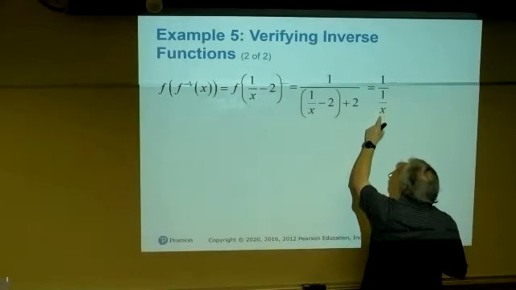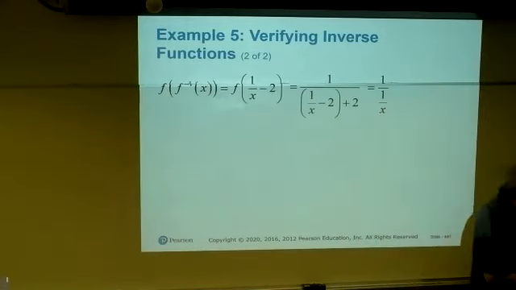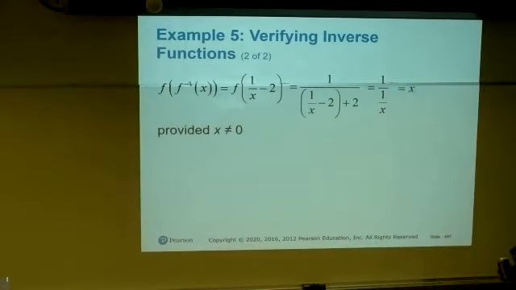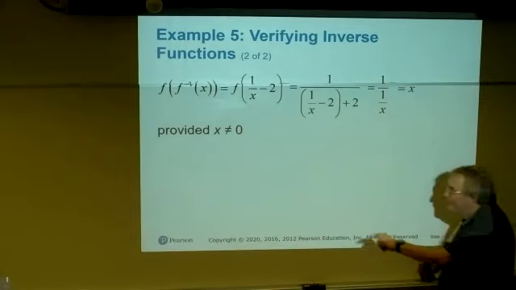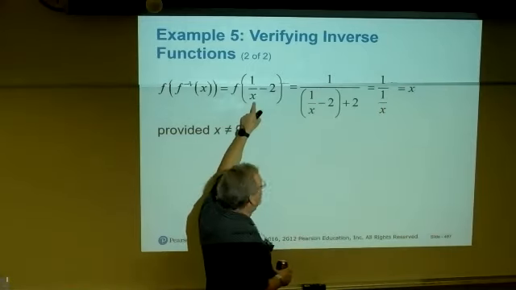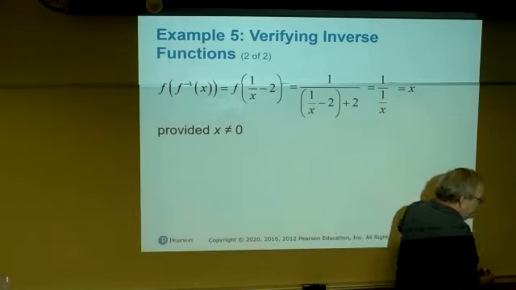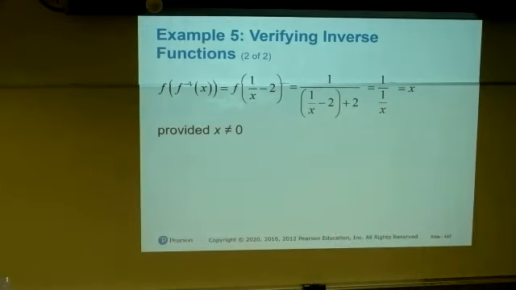So 1 over a fraction is a reciprocal of this fraction, and the reciprocal of 1 over x is x. Boom. We verified it, provided x is not 0 in this case, because I can't use 0 here. Even though 0 is part of the domain of x, it's not part of the domain of that composition.